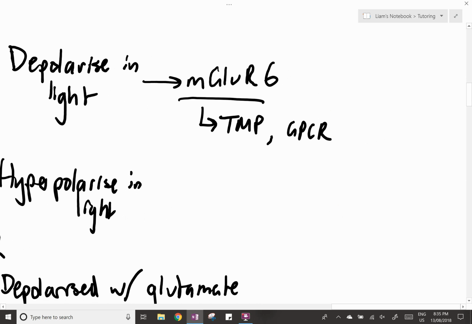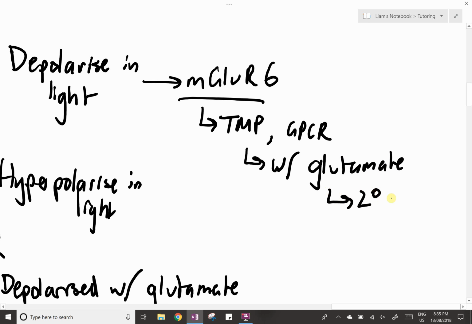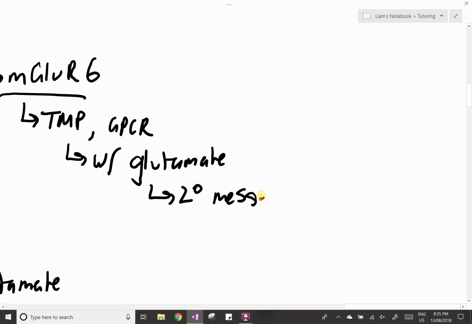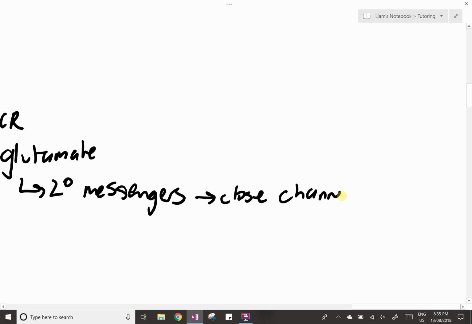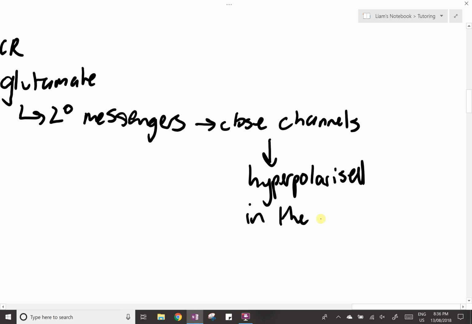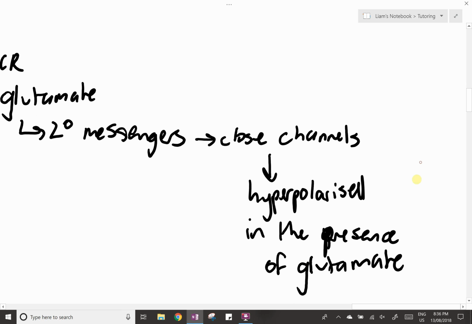But basically what it means is that with glutamate present, there's secondary messengers, and those secondary messengers shut down channels and close channels, which means they're hyperpolarized. Hyperpolarized in the presence of glutamate. Cool. Hopefully you're still with me so far.